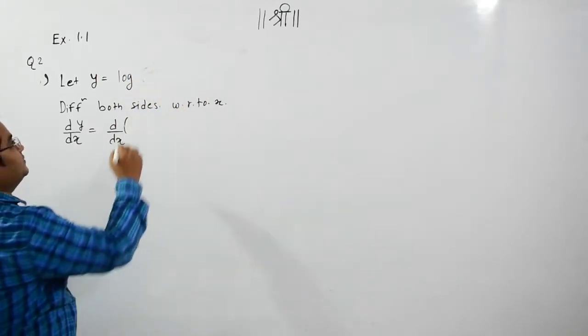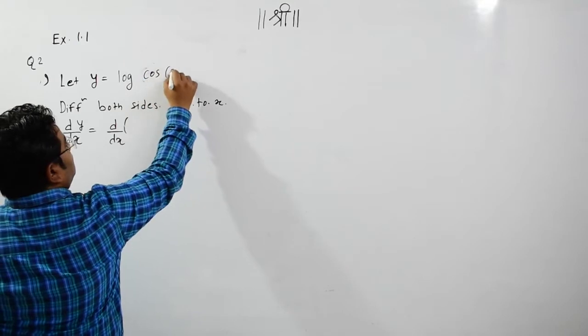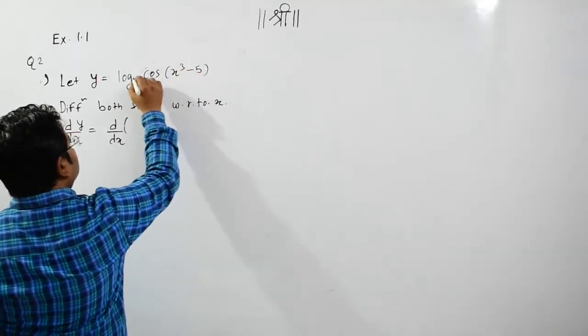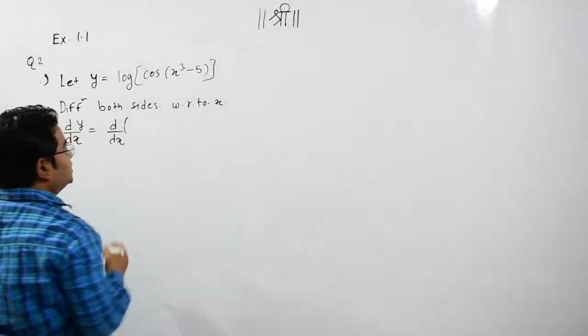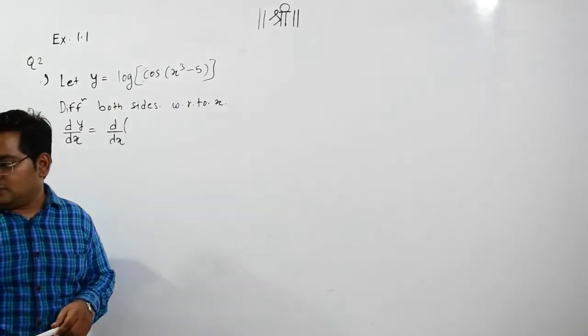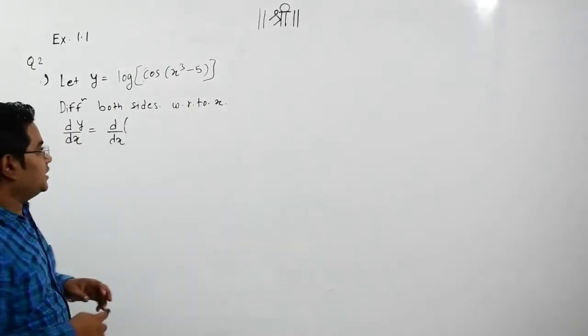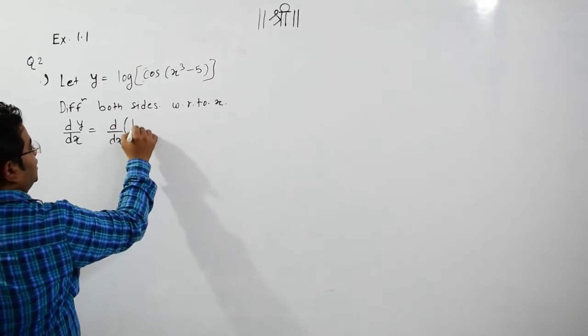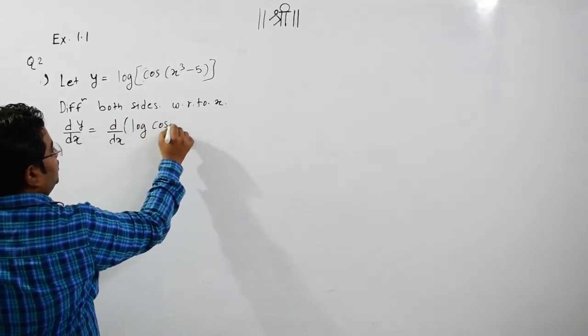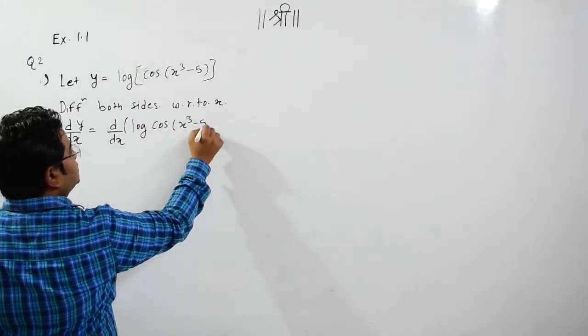So log of cos x cube minus 5. That's what the required case is. Now again, differentiating both sides, we will get the derivative of log of cos x cube minus 5.